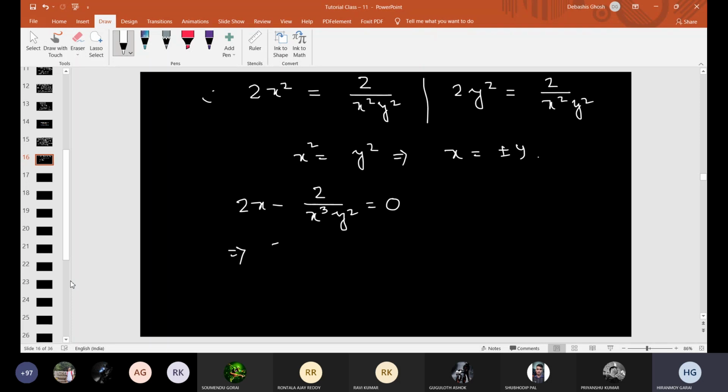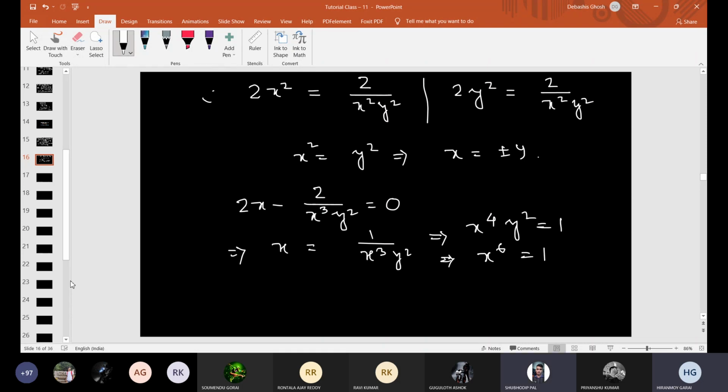So we have x equals 1 by x cube y square. This implies x to the power 4 y square equals 1. Now y is plus or minus x, so x to the power 6 equals 1.